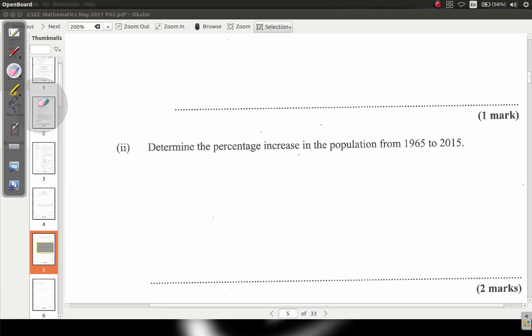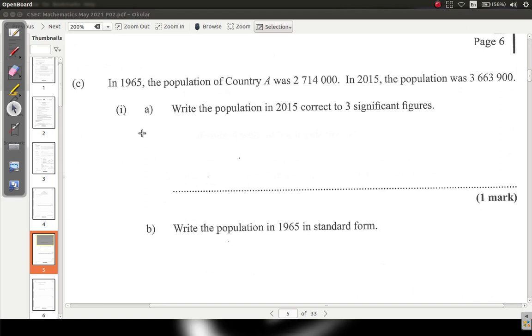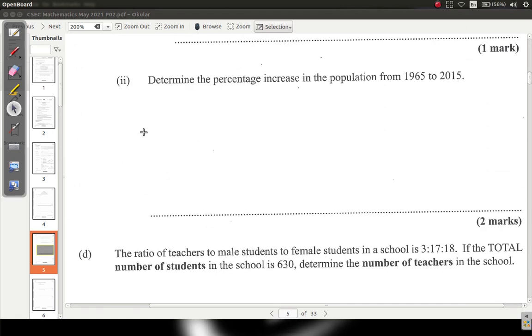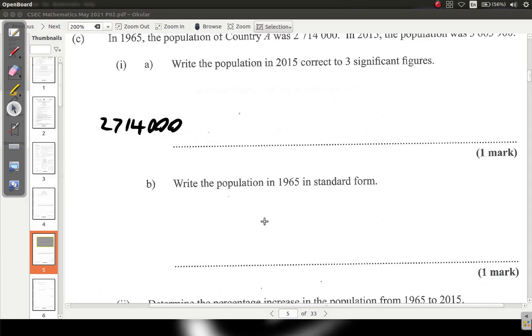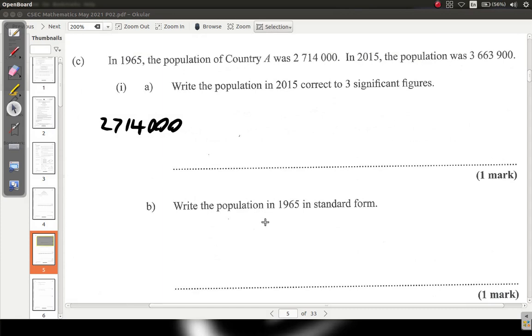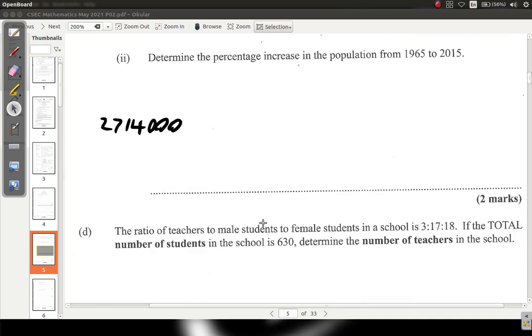In 1965, the population was 2,714,000. In 2015, it was 3,663,900. Good.